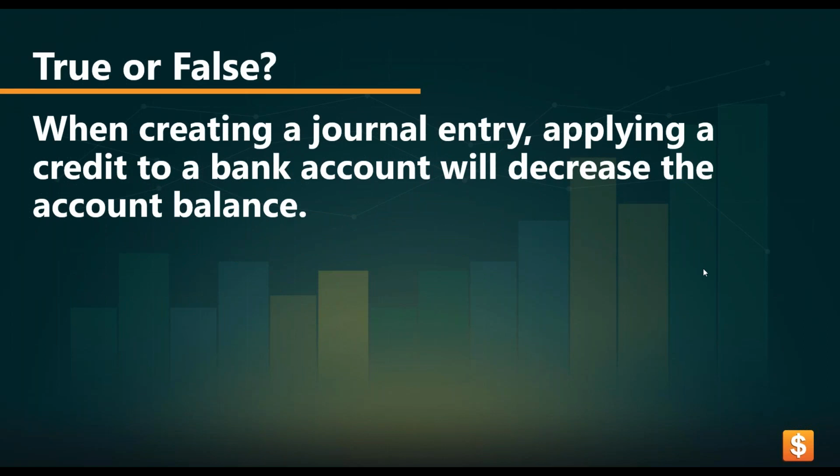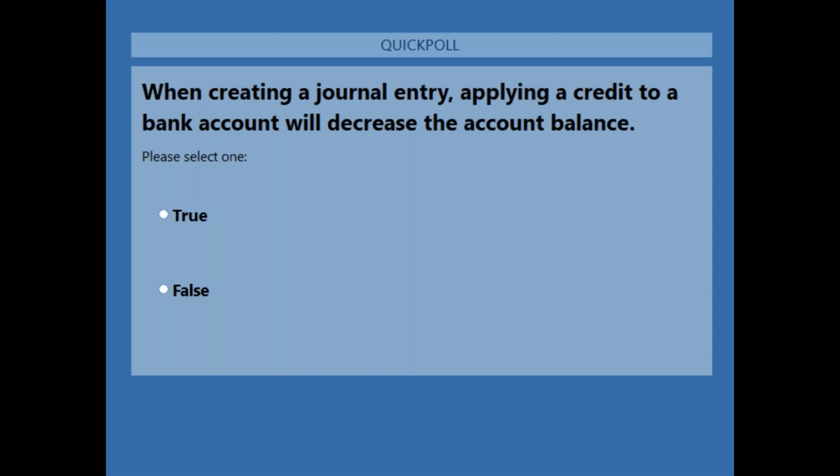All right. If you are going to be creating a journal entry, applying a credit to a bank account will decrease the balance. This kind of goes back to that T chart that we saw in the very beginning.